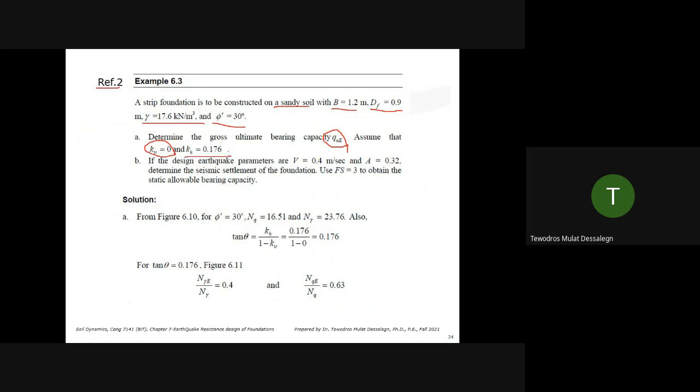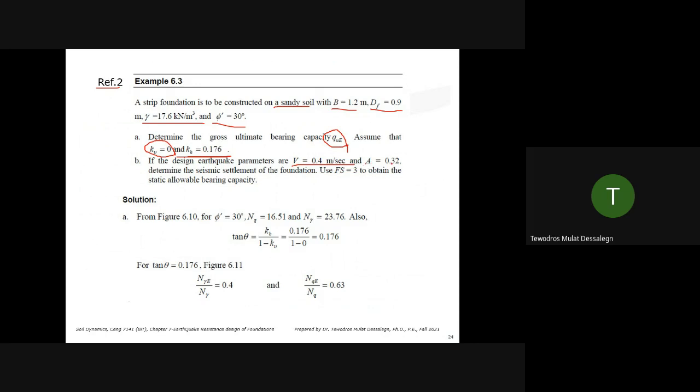And the horizontal seismic, usually the horizontal is the more damaging one. So you don't see it being ignored. It's larger in magnitude and the shaking is lateral, is very critical. KH is 0.176. If the design parameters are V 0.4, this is the PGV, peak ground velocity, we have seen that in chapter 4, right?